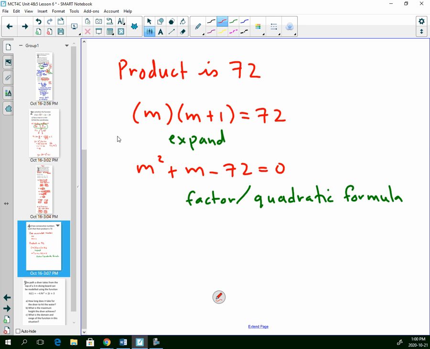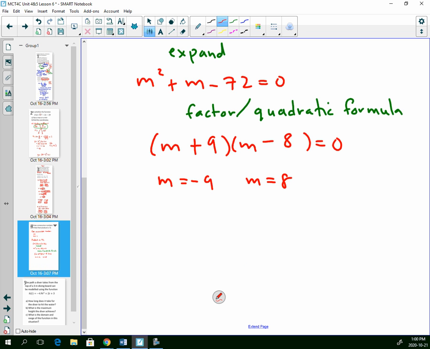And so I'm pretty sure I can factor this. Two numbers that multiply to get 72 are 9 times 8, and it has to be positive 1. So positive 9, negative 8. So this is what I end up with, negative 9 and 8.